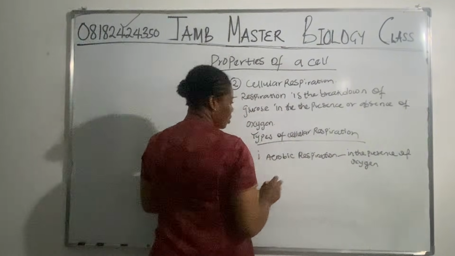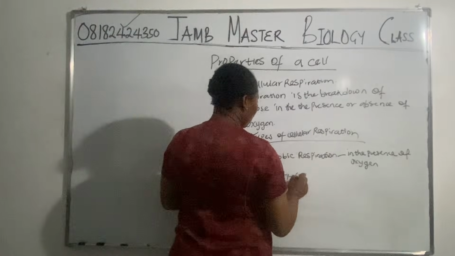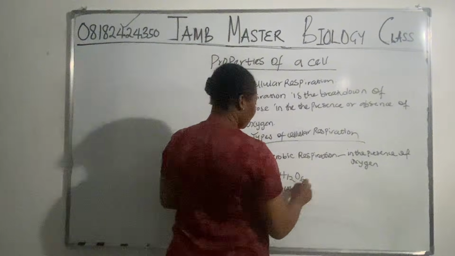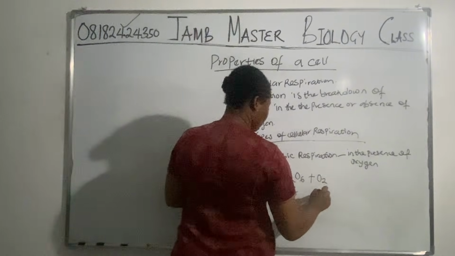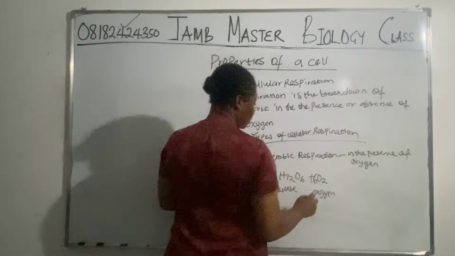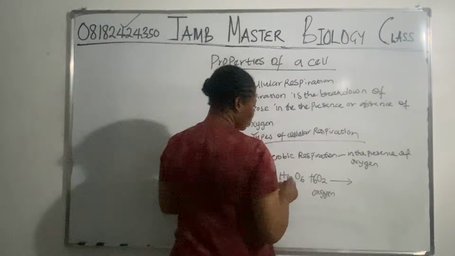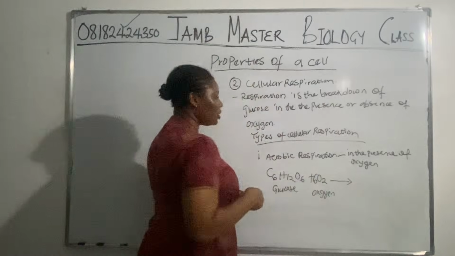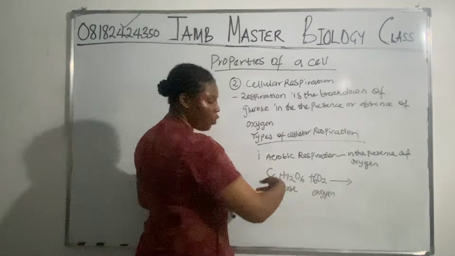Now, look at what glucose is: C6H12O6. This is glucose plus oxygen. Oxygen is going to be 6 molecules of oxygen. Now remember that aerobic respiration is the breakdown of glucose in the presence of what?